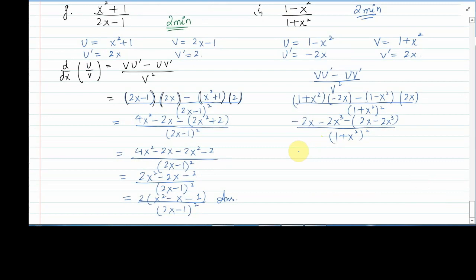Alright, so now it's minus 2x minus 2x cube minus 2x plus 2x cube divided by (1 plus x square) and whole square. Now minus 2x cube and plus 2x cube cancel, so the leftover part is minus 4x divided by (1 plus x square) whole square.